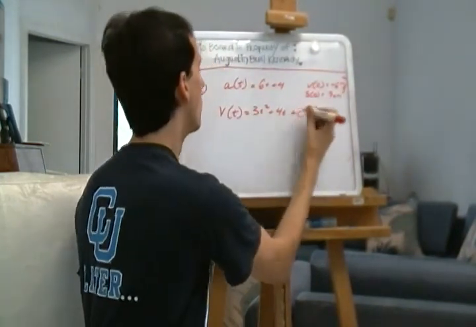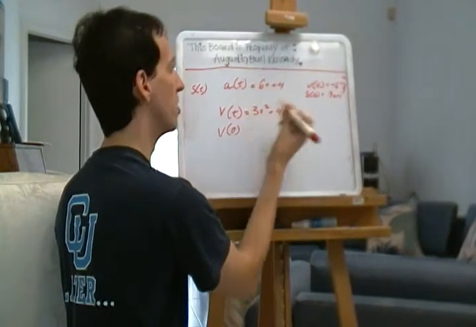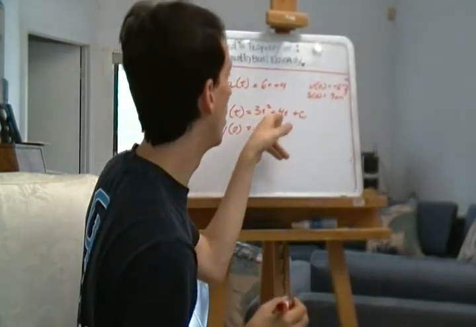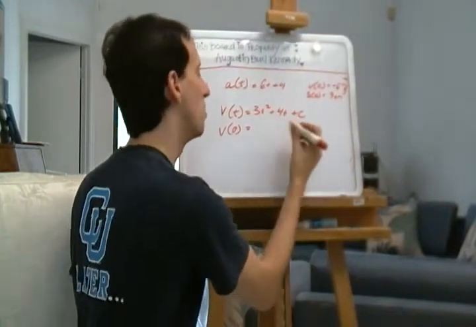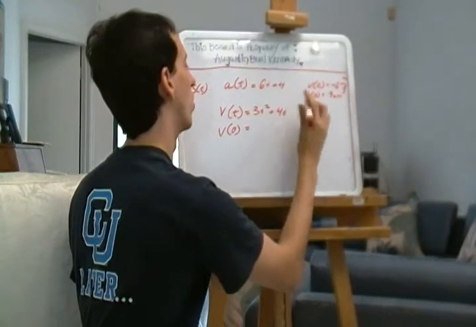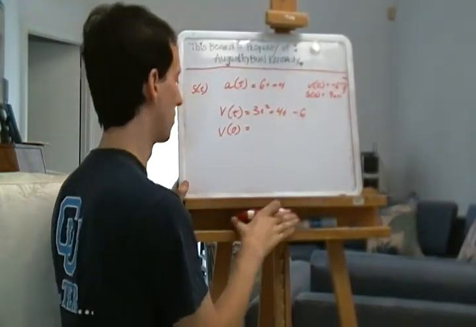plus c. But we know that v of 0 is -6. So v of 0 is going to be 0 plus 0 plus c, which is going to have to equal -6. So c must be -6. That means that we have 3t squared plus 4t minus 6.